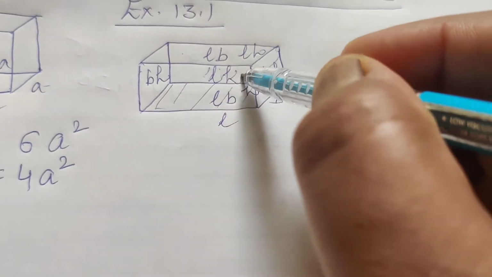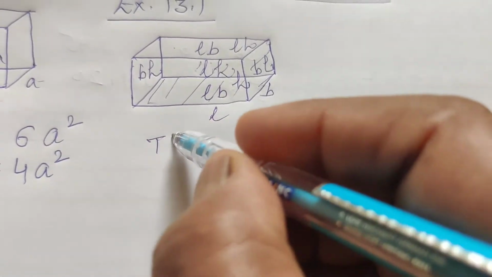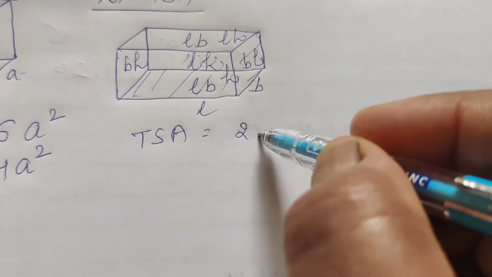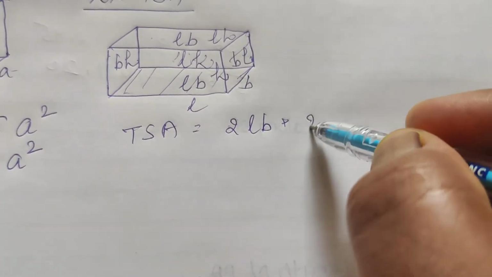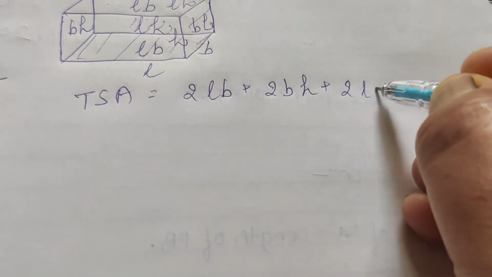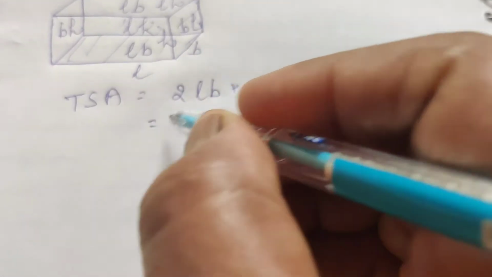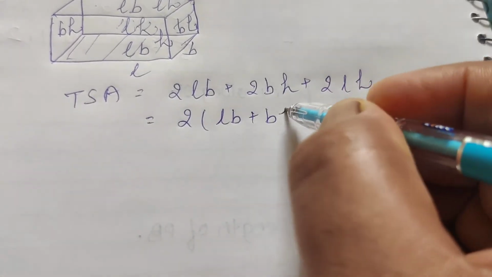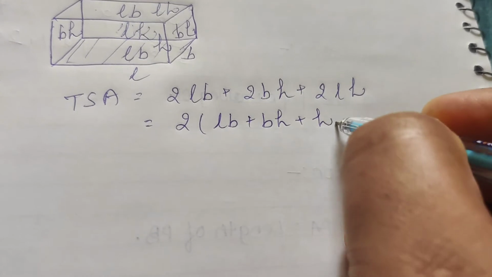Then the total surface area of the cuboid is 2 times LB, 2 times BH and 2 times LH. Now the formula becomes 2 times (LB plus BH plus HL).